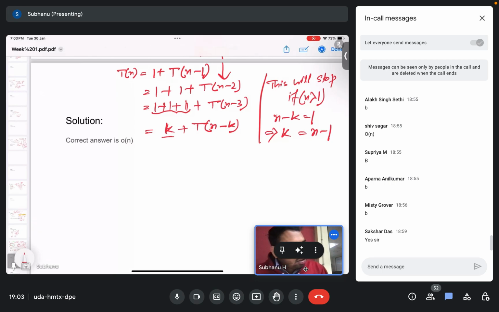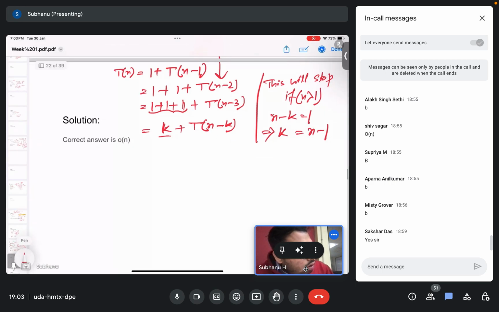Fine. So now if we put this value of k here, it will come n minus 1 plus T(n-(n-1)).